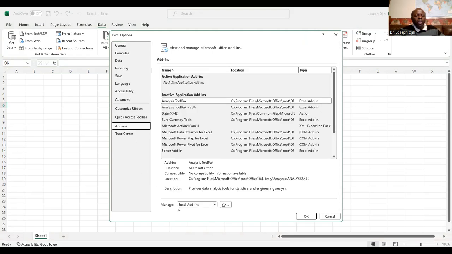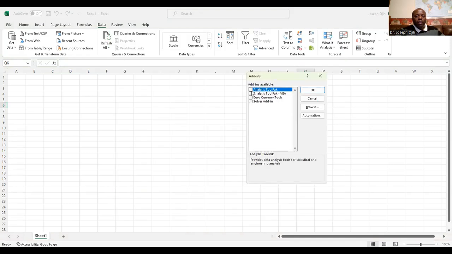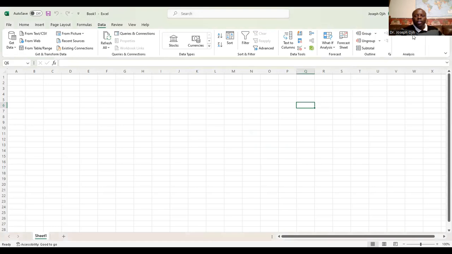Then go all the way down to where it says Manage, and on the right side click Go. You can see the add-ins here. One is the Analysis ToolPak. Check it, and check the second one as well. Once you check both of them, click OK, and it will appear there. So now you have two options. Either you do this and add it, or you can use a different computer, maybe somebody's computer or a library computer, but it has to be done in Excel.